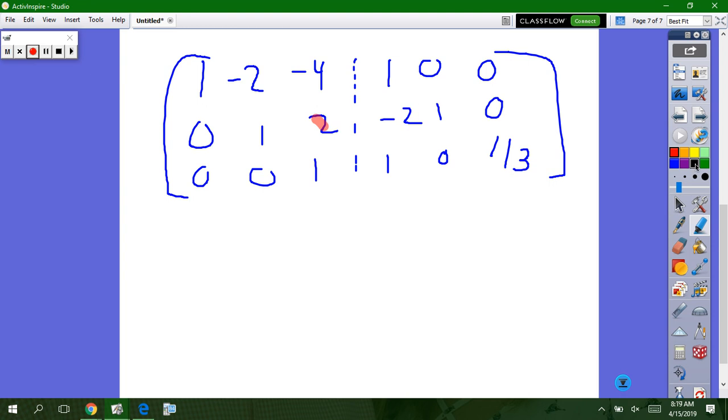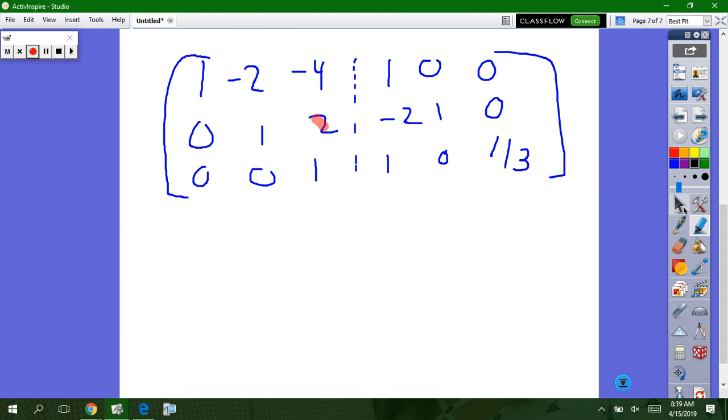Row 3. We want to add row 3 because remember we want to work down here, and then up. So if I'm ever losing anything off the third column, I'm going to use row 3. If I'm losing anything off the second column, I'm using row 2. If I'm losing anything off the first column, I'm using row 1. Does that make sense to everybody?